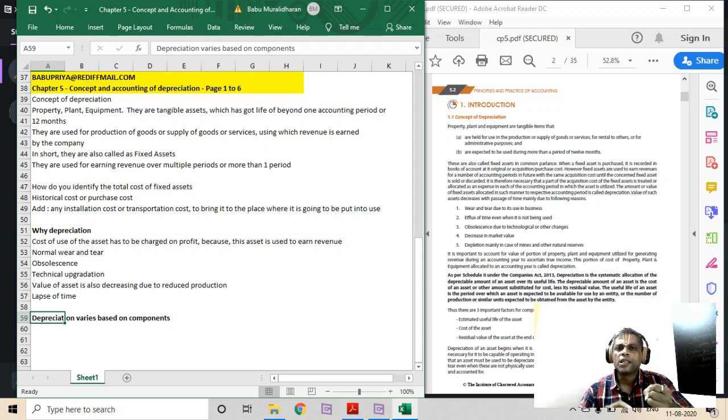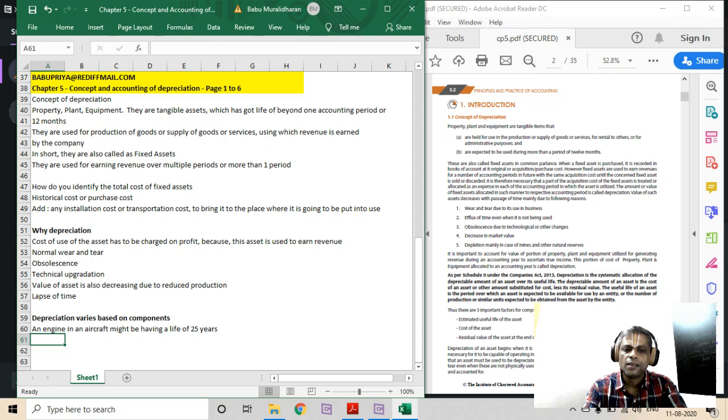An aircraft has multiple components: its interior, its exterior, its engine, the other equipment in the aircraft, the aluminum body. All these things have different lives. An engine in an aircraft might have a life of 25 years, whereas the exterior, paint, or body of the aircraft might have probably 10 years of life.